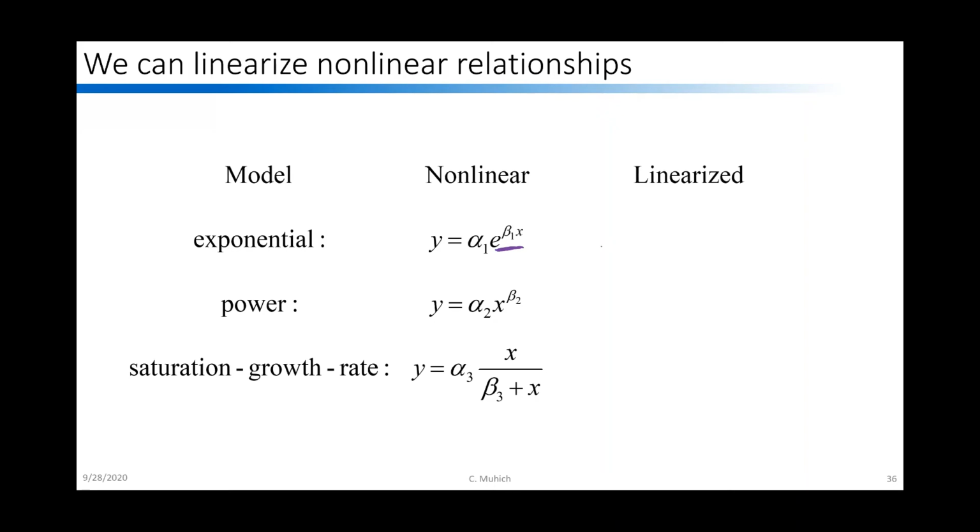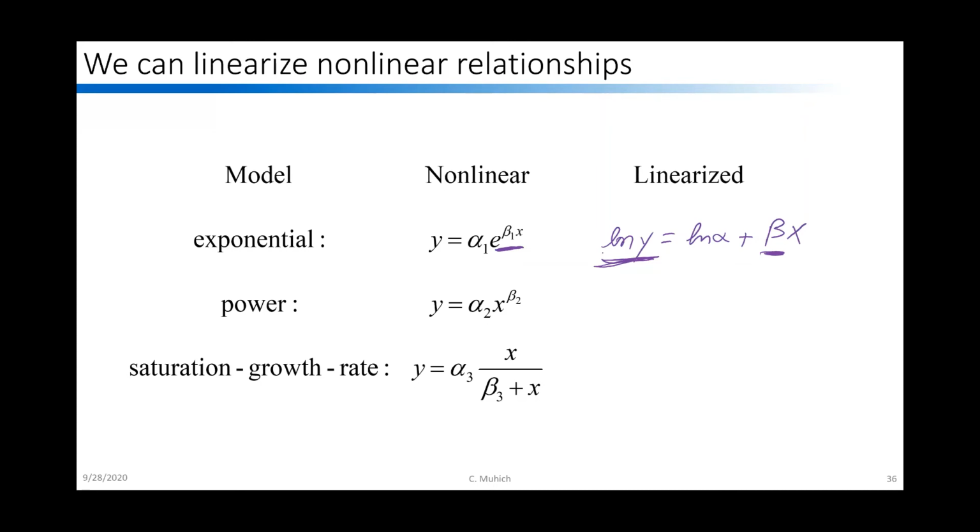So if I take the natural log of both sides, I have the natural log of y equals the natural log of alpha plus beta x. Here, I now have a system that's linear in x and related to a variable. In this case, it's not y, but it's the natural log of y.